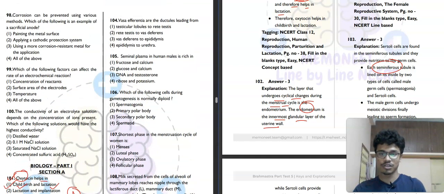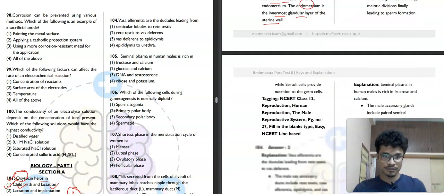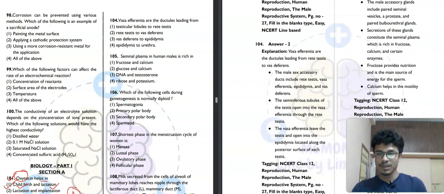Moving towards the next question, 104. It is saying that vasa efferentia are the ductules leading from testicular lobule to rete testis, rete testis to vas deferens, vas deferens to epididymis, or epididymis to urethra. So vasa efferentia is the ductule leading from rete testis to vas deferens. That's why the second option will be your correct answer.